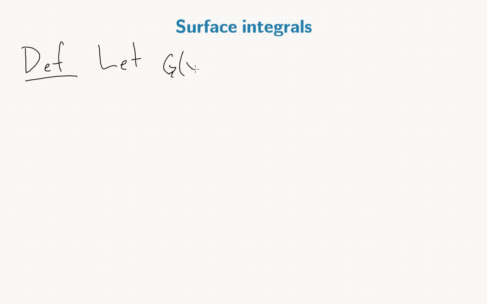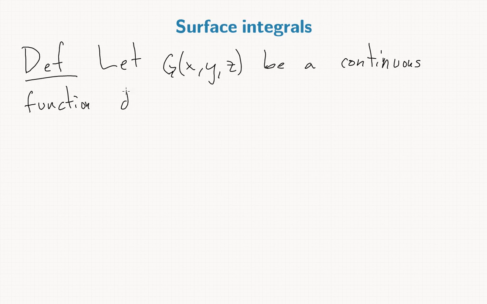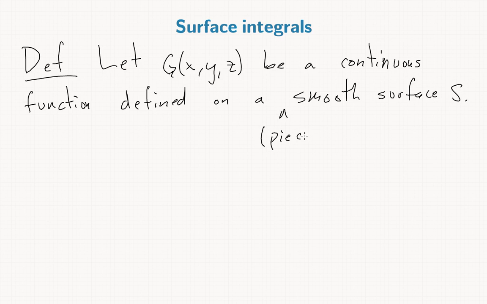We'll let g of x, y, z be a continuous function defined on a smooth surface S. Actually, we can take S to be piecewise smooth.